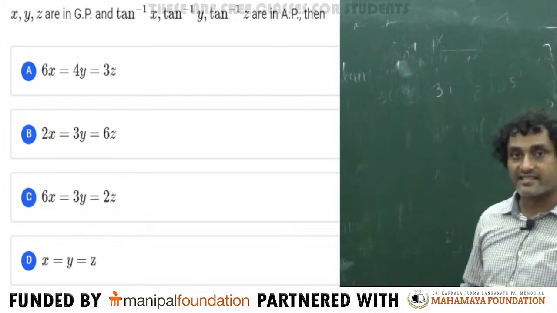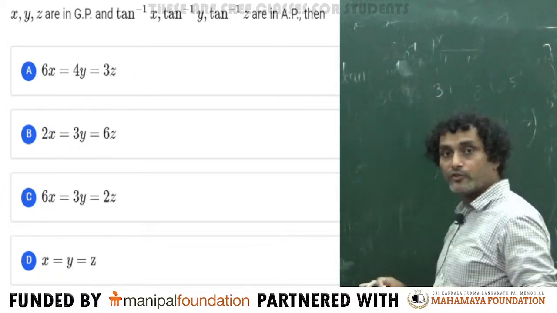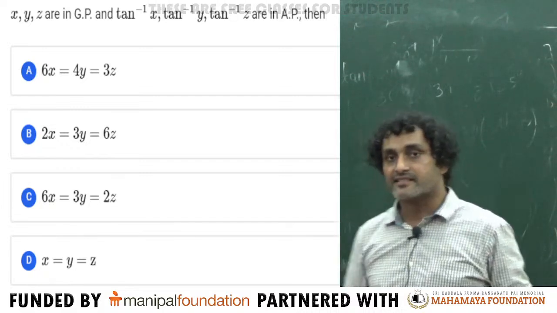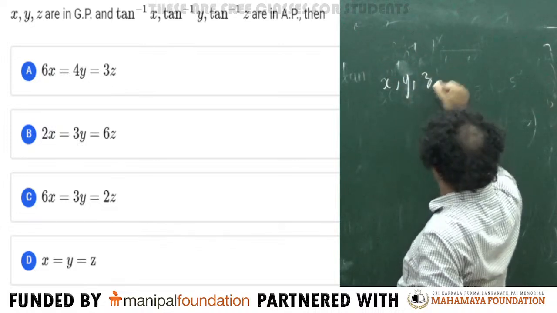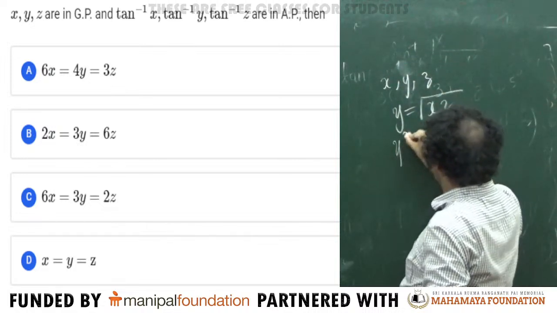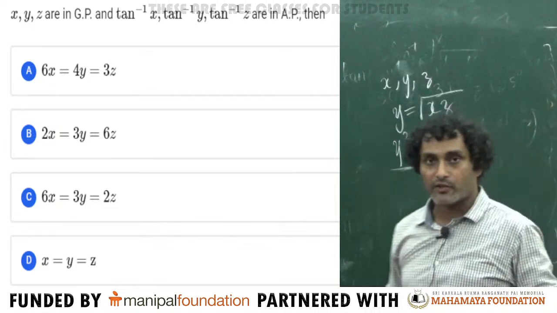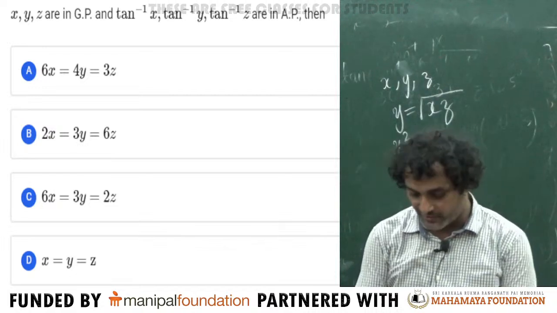X, Y and Z are in GP. This is a combined sum. What do you know about X, Y and Z being in GP? Does it mean that the middle term Y will be root of xz, or y square is simply xz, correct? This is what we know. Are you all with me? Okay. Go ahead, see the second statement. What are they telling?